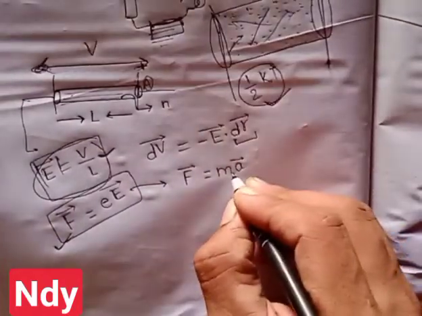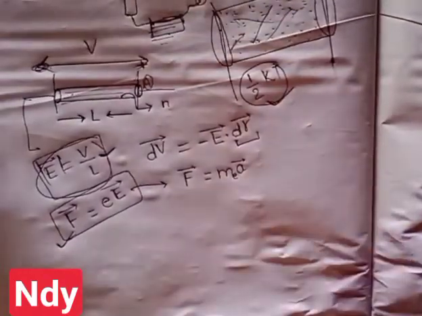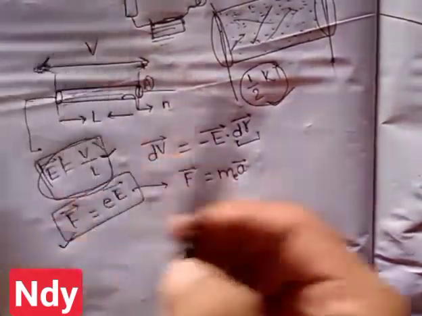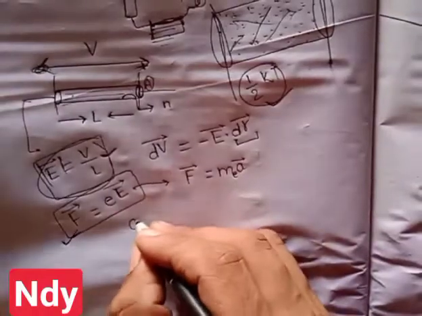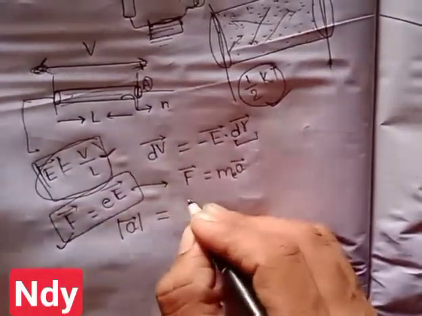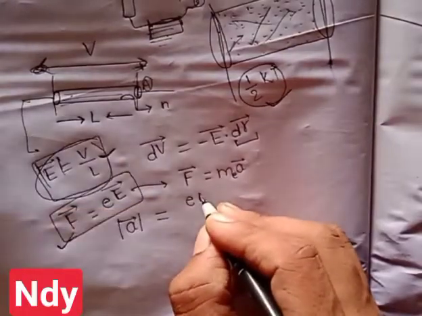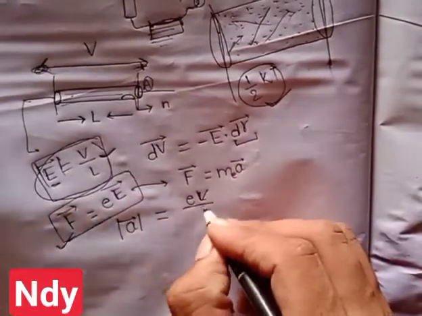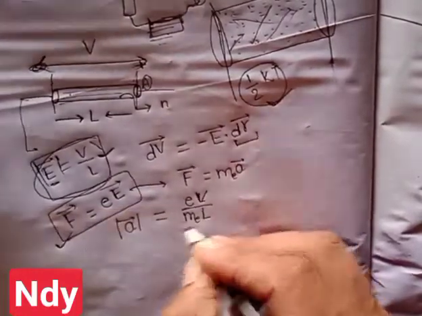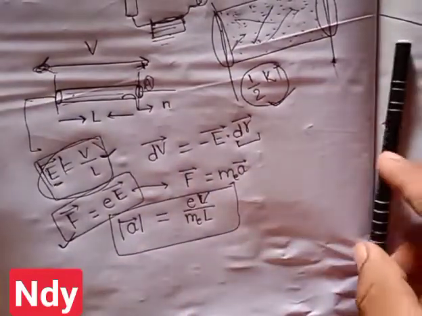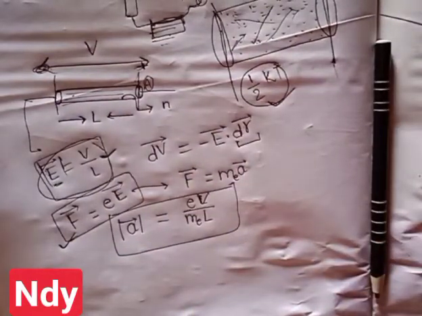Let the mass of the electron be m_e. So the acceleration due to this force will be vector a, or the modulus of this acceleration will be e times E, that is eV by L, upon m_e.